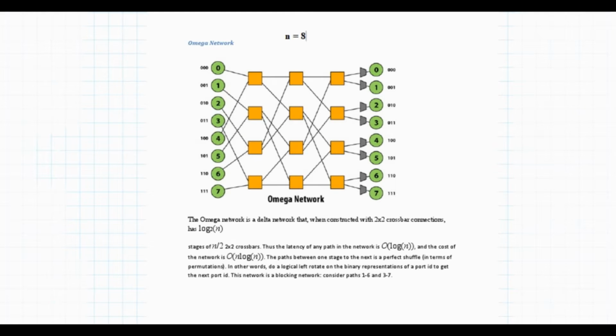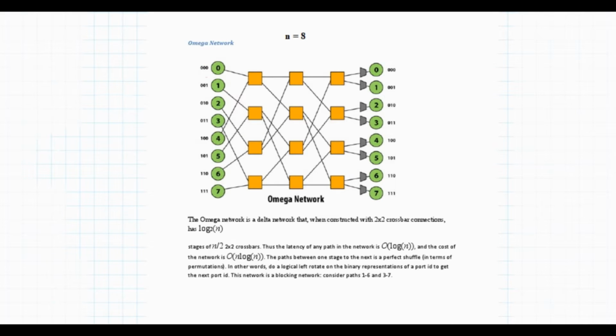So let me write it down. Yes, and the n number of processors, or 8 processors, have been numbered from 0 to 7, and into the green rectangles they have been numbered using decimal numbers, and on the left of the decimal numbers you can see their equivalent binary representations.